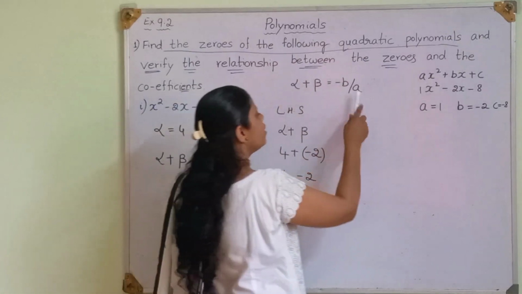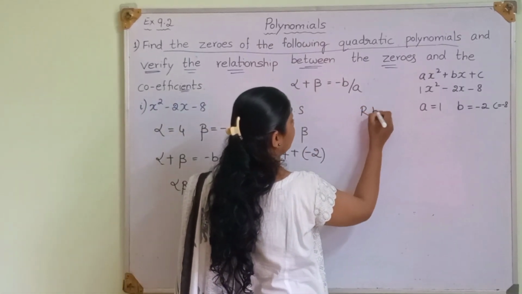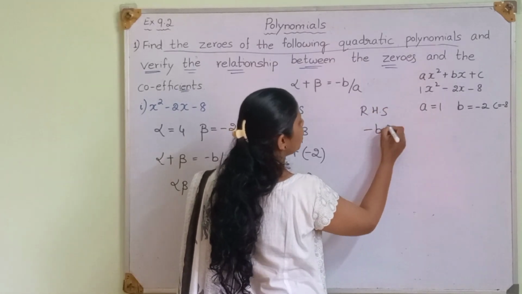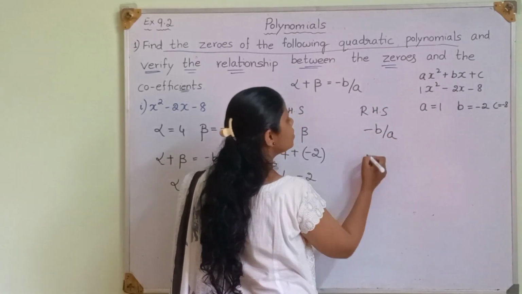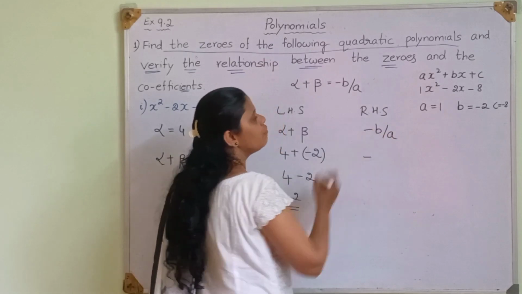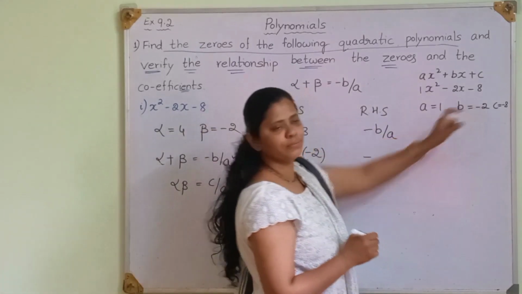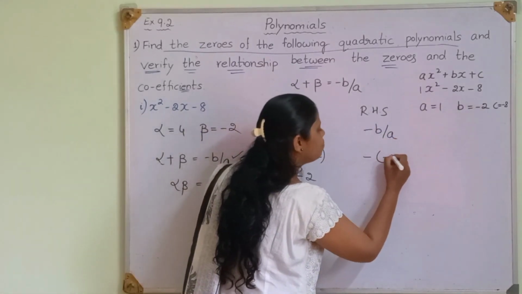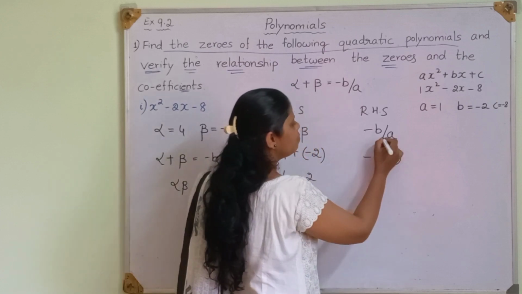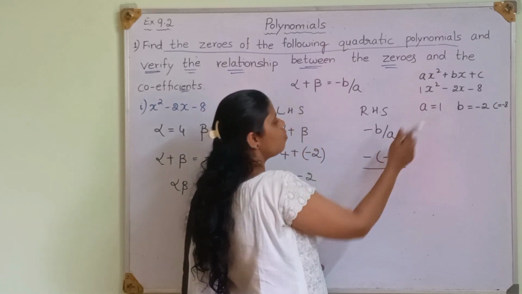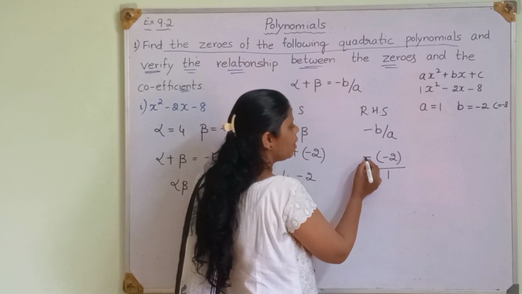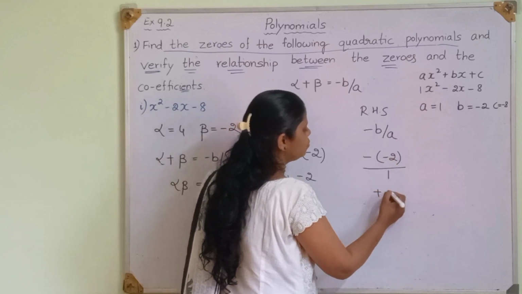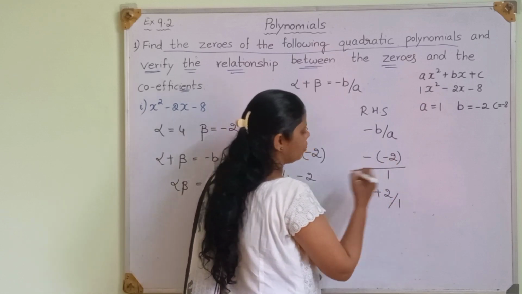Now let us solve the RHS. That is minus b by a. For this minus, let me write minus b. The value of b is what? Minus 2. Let me take this in the bracket. Divided by a. The value of a is 1. Minus into minus is plus 2 divided by 1.